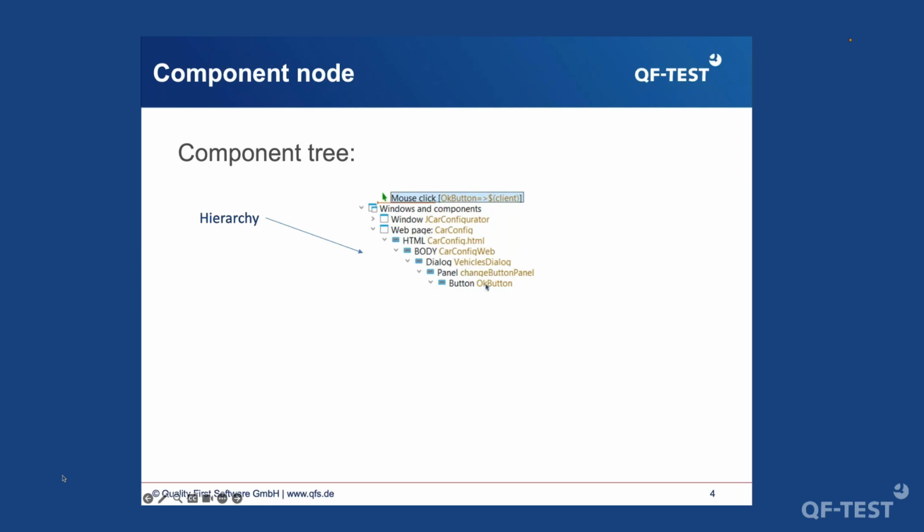In there is a panel and there's our button. Here we have the class, a button, and you also have the QF-Test ID, which basically references from the tree down here up to here. So if I replay this, QF-Test looks where the information for this OK button is stored. It looks in this Windows and Components tree, finds this button, and then takes all the recognition criteria and uses them to find the component.